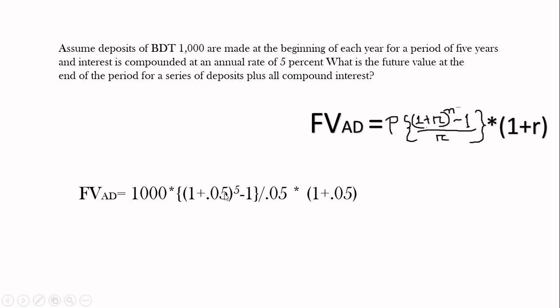So the interest rate will be very simple, like 5%, no division, to the power n, which is 5 years. For 5 years the investment is made, right? So to the power 5 minus 1 divided by 0.05, which is r, multiplied by 1 plus r. 1 plus r means the interest rate is 5%, that's it.